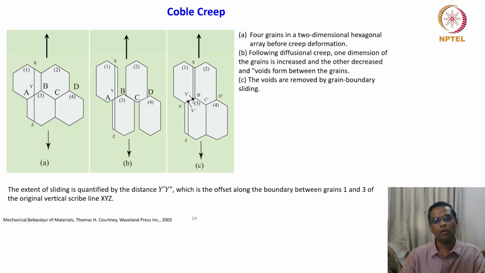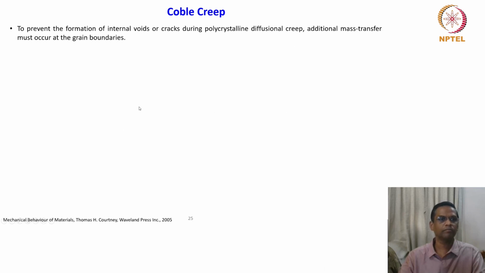Y double prime now gives the sliding distance. Because it is a homogeneous deformation, each grain will slide a similar distance, right? Which is an offset along the boundary between grain 1 and 3 of the original vertical scribe line X, Y, Z.